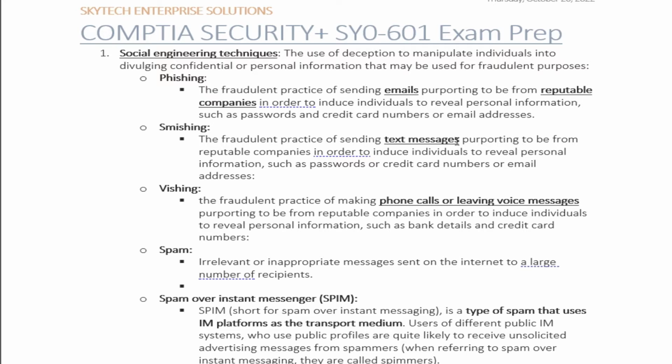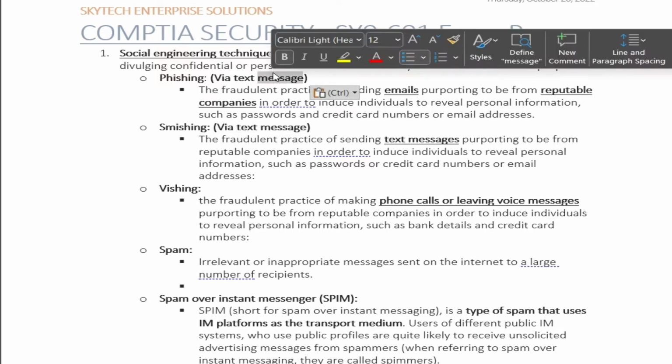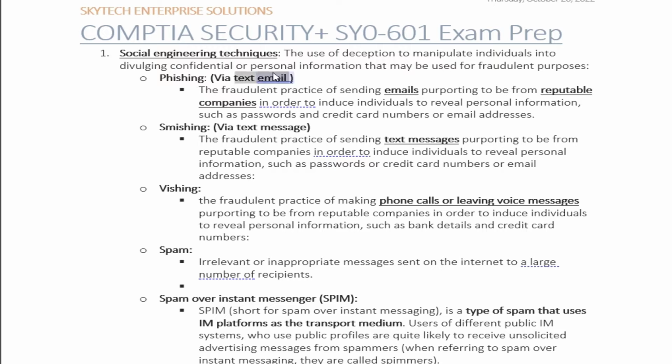So you click on that text message and you pretty much, because you're excited, you pretty much give them the information you're looking for, right? That is what smishing is. So here we want to say smishing is via text message. Okay, I'm going to do this on the fly. And phishing is via email message.